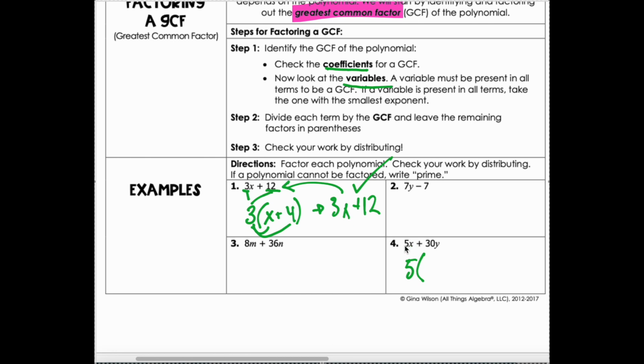So they do not share the x or the y, and we're going to leave those behind. Since I took a 5 out of the first term, I'm left with my x. Since I took a 5 out of this term, I am left with a 6, because 5 times 6 is 30. And I'm also left with the y. Then of course we can check by redistributing. 5 times x is 5x plus 30y. That does in fact match our original problem, so it is done.